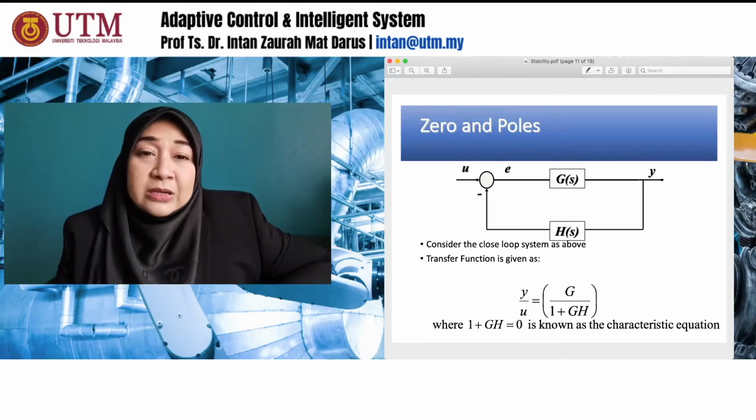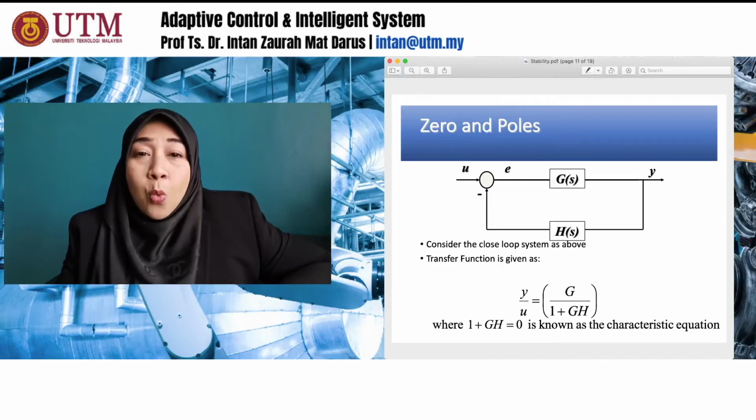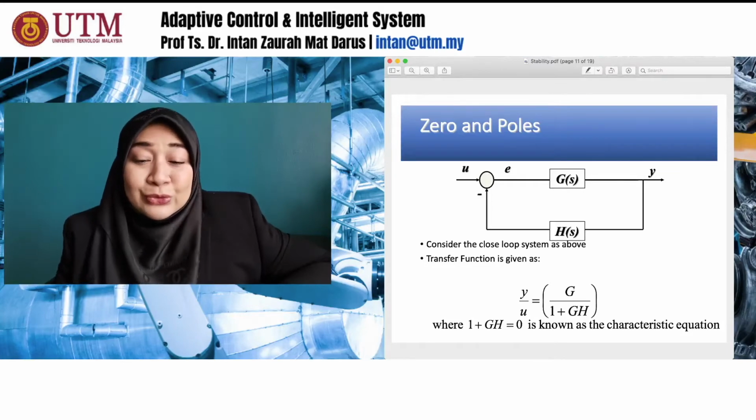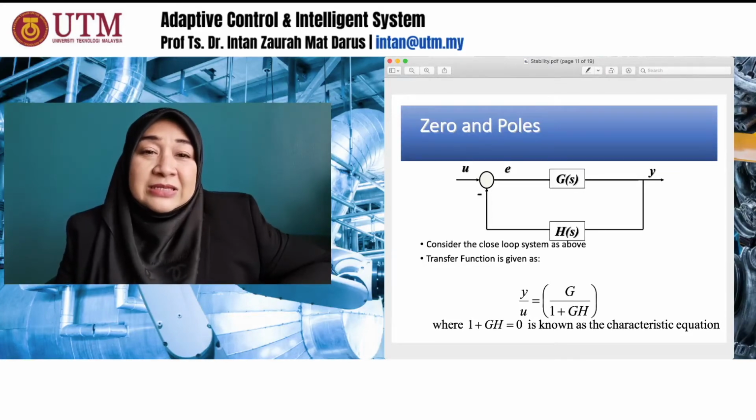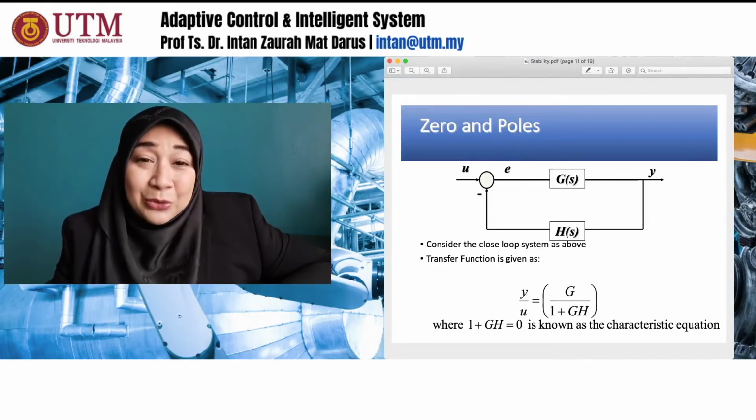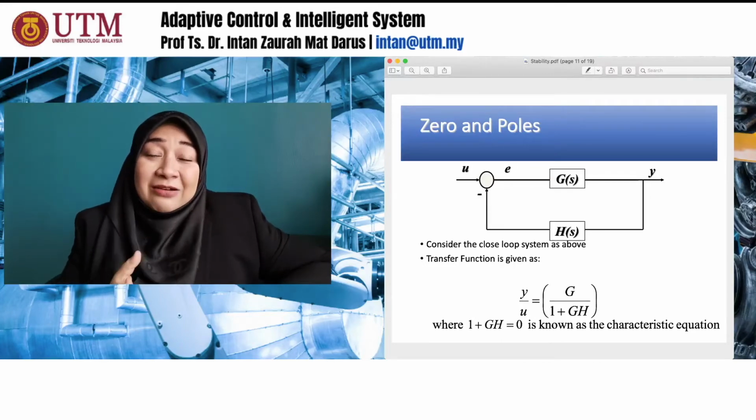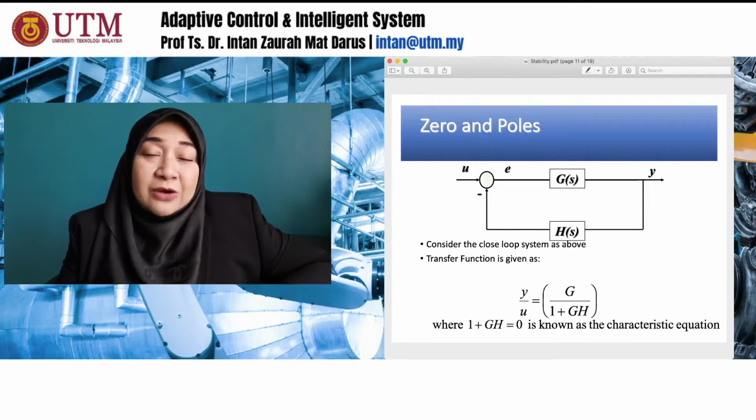So from this closed loop transfer function, 1 plus GH equals 0, which is the denominator of the system, is also known as the characteristic equation of the system. Characteristic equation means that it can tell you the character of the system.